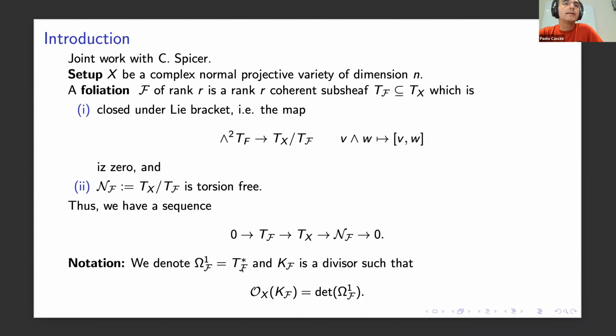In the same way that the canonical divisor of a variety is useful to understand the birational geometry of the variety, this divisor, the canonical divisor of the foliation, will be useful to understand some kind of rough classification of foliations.